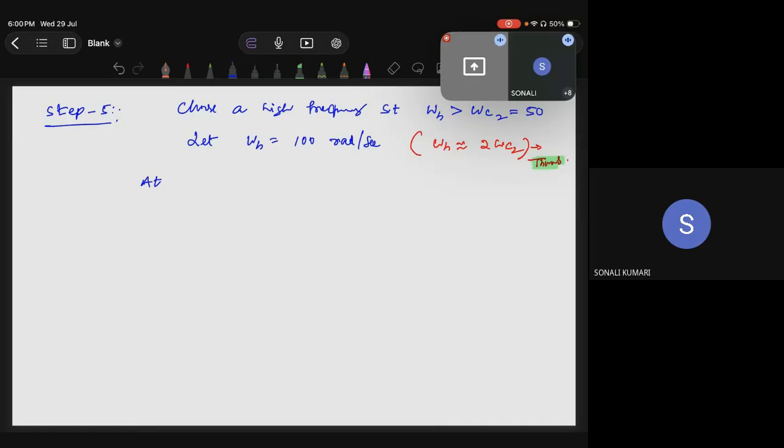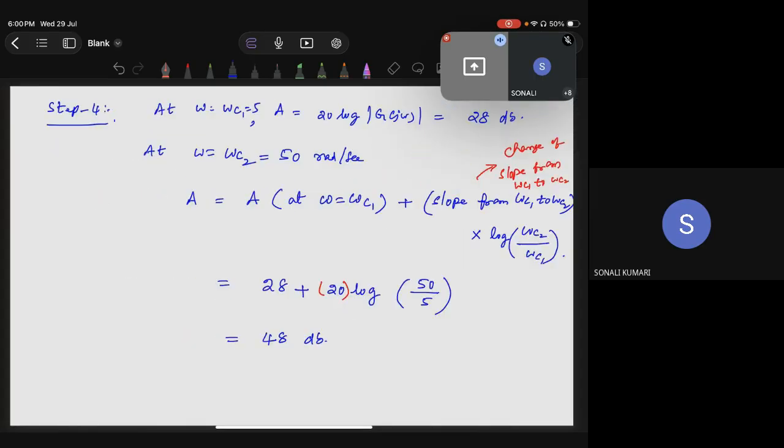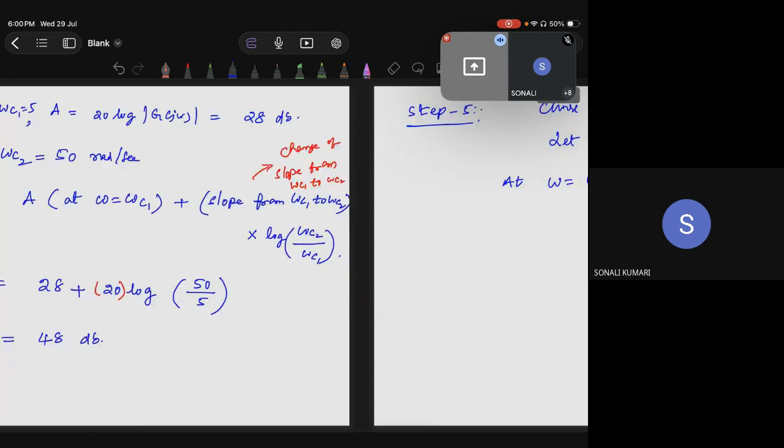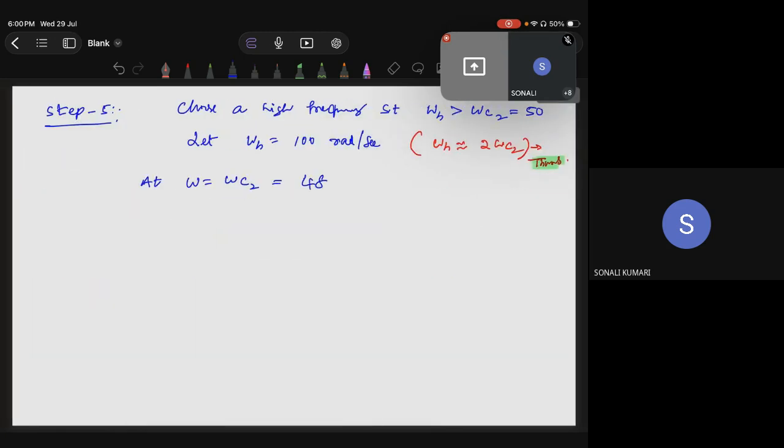Now at omega h, we need to find the value. Already at omega equal to omega c2, we have calculated it is 48 dB. Now at omega equal to omega h, that is at 100 radian per second, what is the magnitude A value?